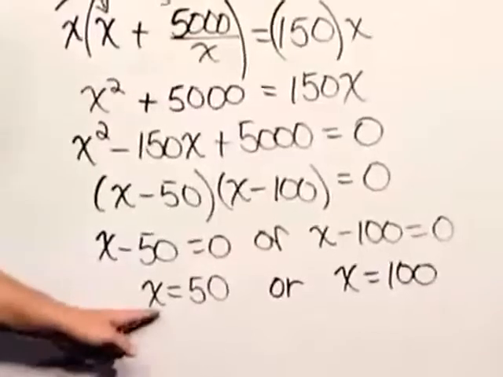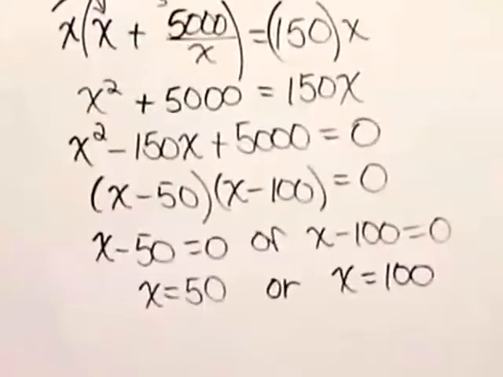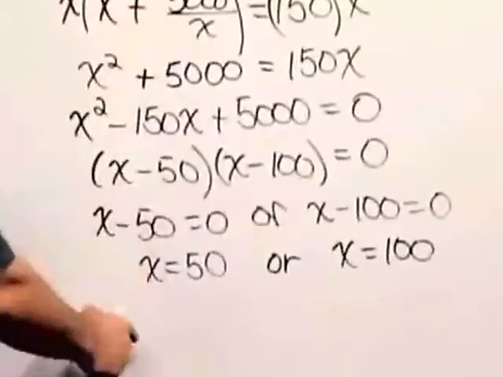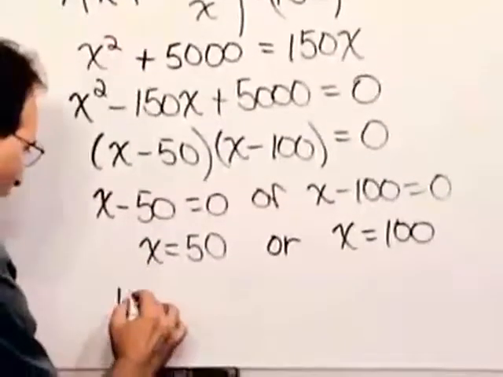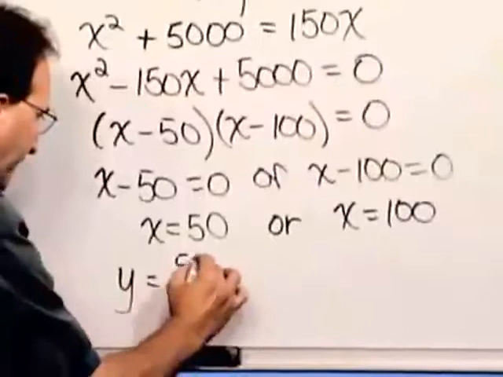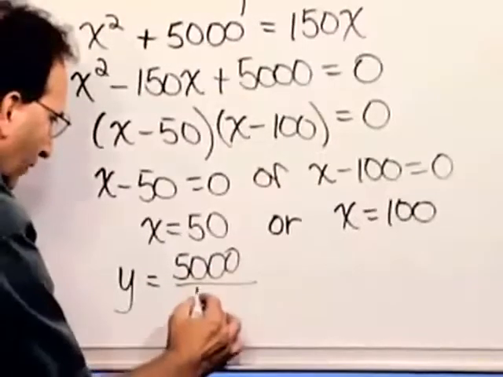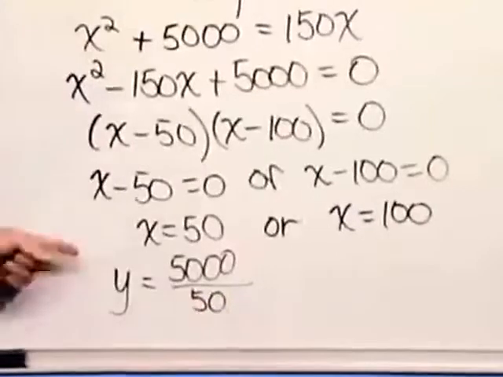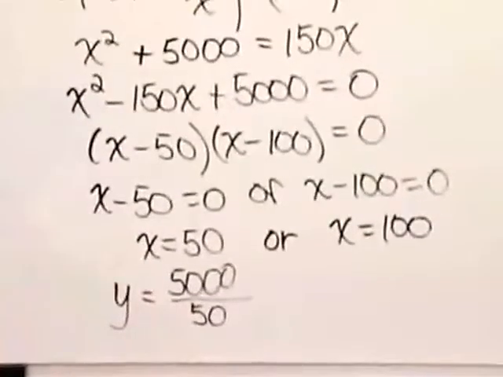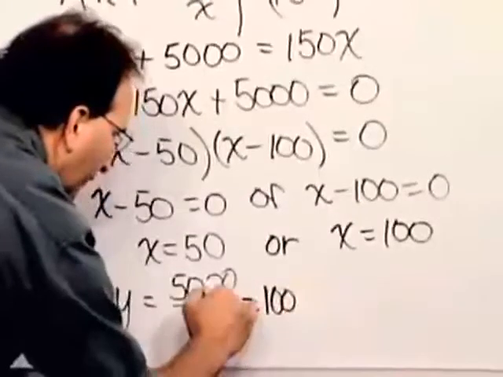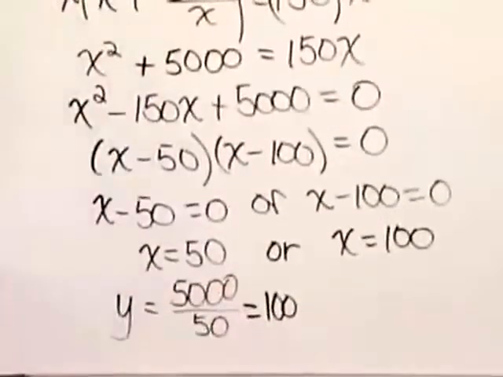Now that's just the value of x. We need to calculate the value of y. Remember that we have the equation that y is equal to 5,000 divided by x. Or in other words, for the first value of x, 5,000 divided by 50, which gives us an answer of 100 for y.